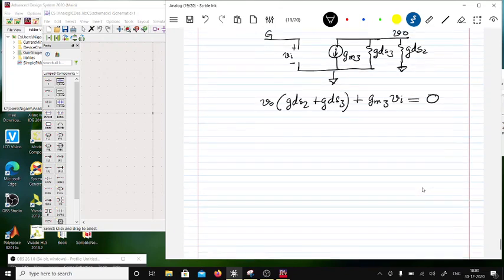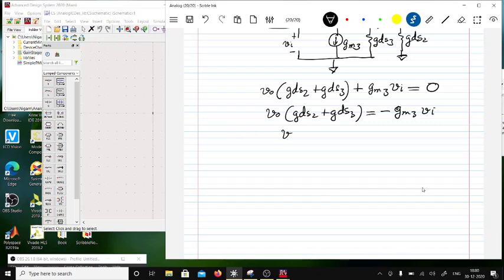The net current flowing out of the node is 0. So that means VO times GDS2 plus GDS3 is equal to minus GM3 times VI. So VO over VI is going to be AV, or the voltage gain, which will be equal to minus GM3 divided by GDS2 plus GDS3.